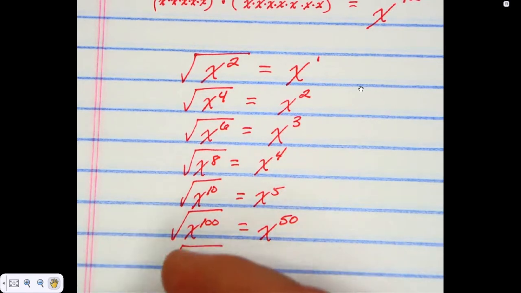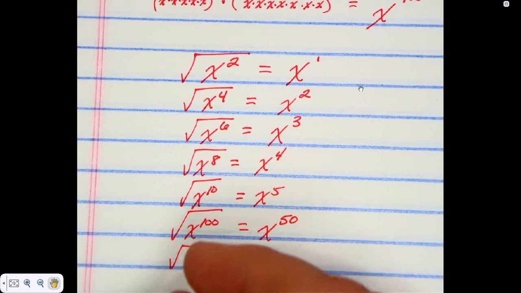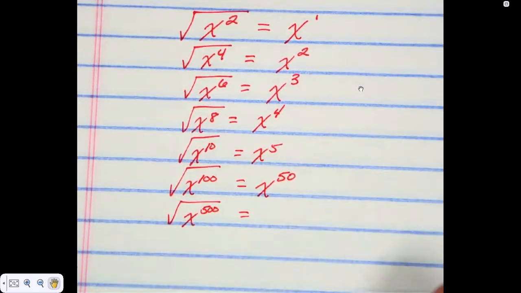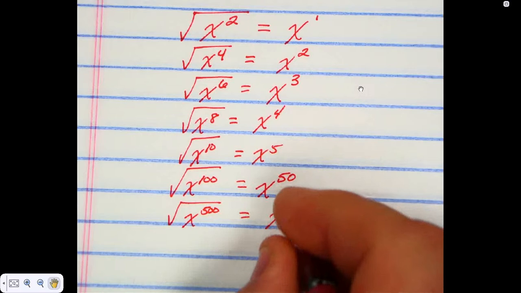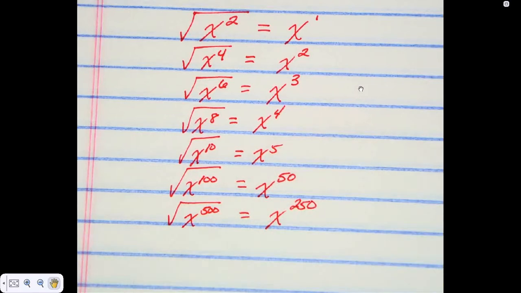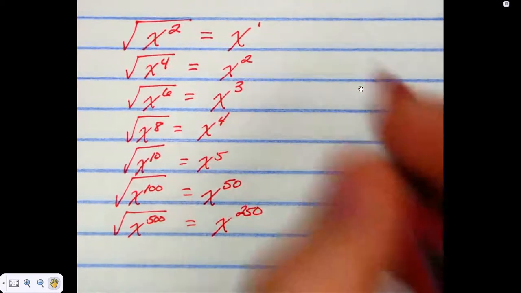What do you think the square root of x to the 500th power is? That's easy, isn't it? All of those are perfect squares. Now, we did all of these.